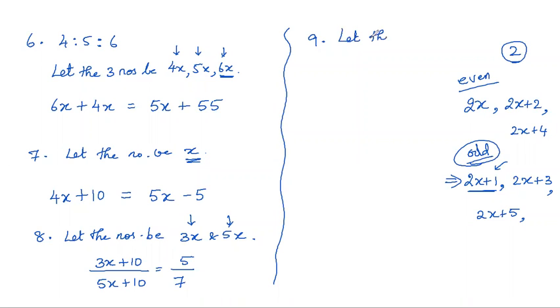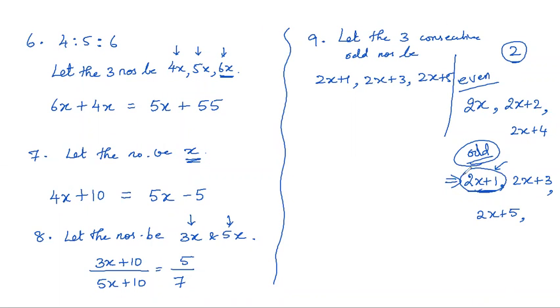Clear about this? So for a set of consecutive odd numbers, you can take them as 2x plus 1, 2x plus 3, 2x plus 5. Or even when you subtract 2 from 2x plus 1, you will also get an odd number.